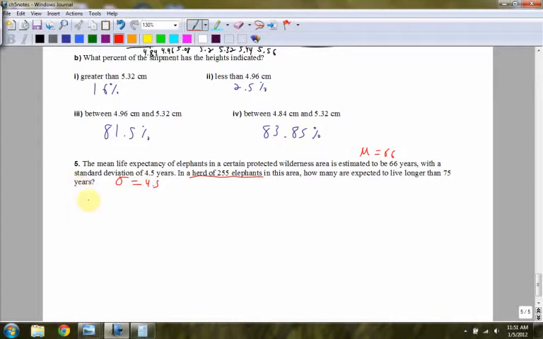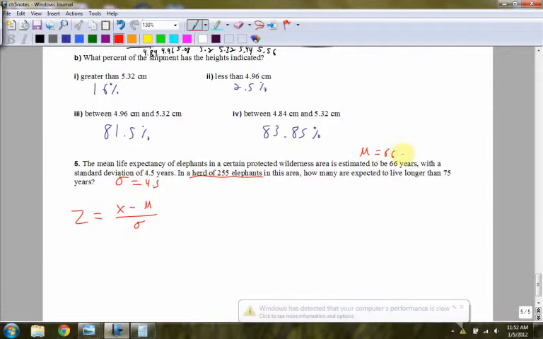Now, in our equation, z is equal to x minus mu divided by sigma. You have to figure out what your z value is. The trick here is that you don't know what x is, right? Is it 255 or is it 75?